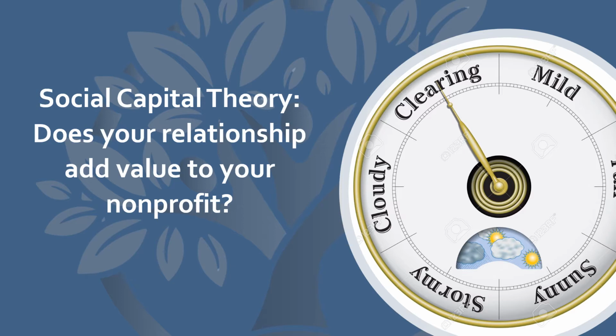Social capital theory explains how relationships can add value to organizations. The relationship between nonprofit boards and leadership staff can either add value to your nonprofit or can weaken or even cause dysfunction within the organization. We will dive deeper into social capital theory in Lesson 2.